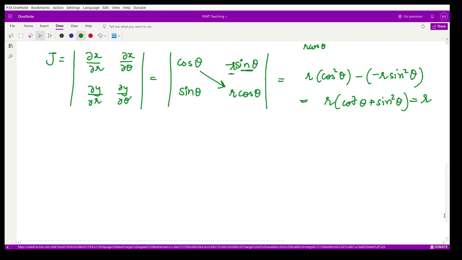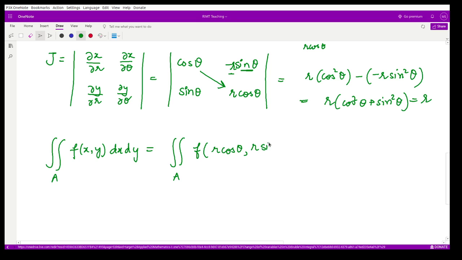So in this case, your formula for double integral simply reduces to the double integration over the region A of the function f of xy dx dy, that reduces to the double integration over the region A of the function, instead of x now we will be writing r cos theta, instead of y we will be writing r sin theta, into the value of Jacobian that we have just calculated, equal to r into d theta dr. Now it could be anything, dr into d theta.